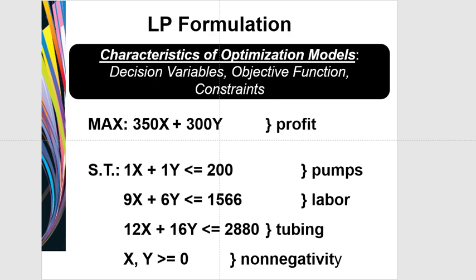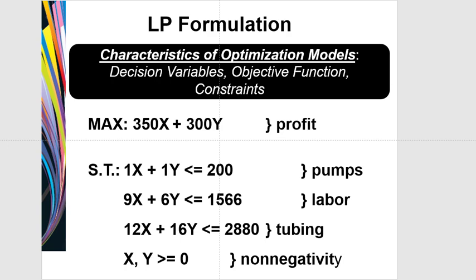So the total number of products manufactured should not use more than these 200 pumps, right? So the maximum number of pumps available as a resource constraint is 200, and each product requires a unit each. This is the expression given here: 1x plus 1y should be less than or equal to 200.